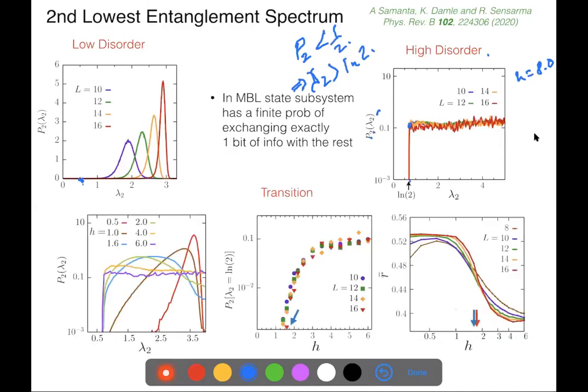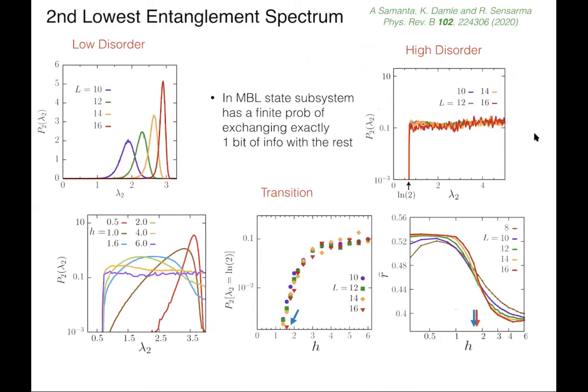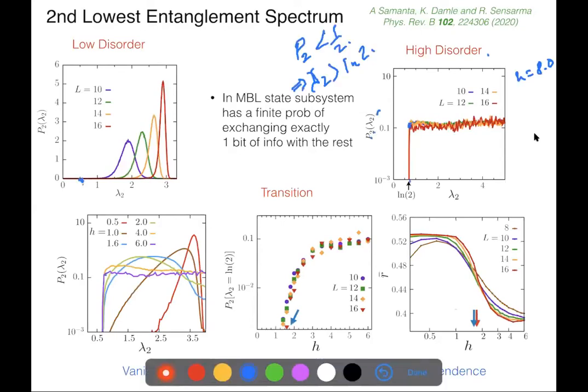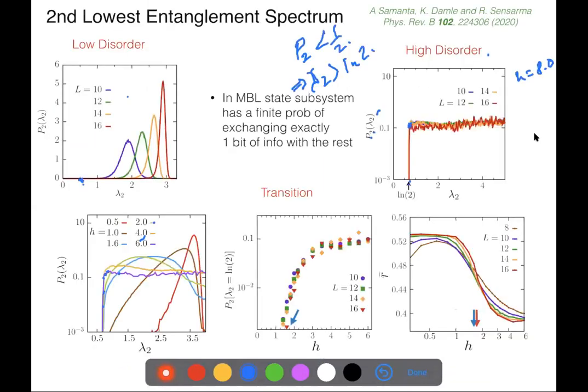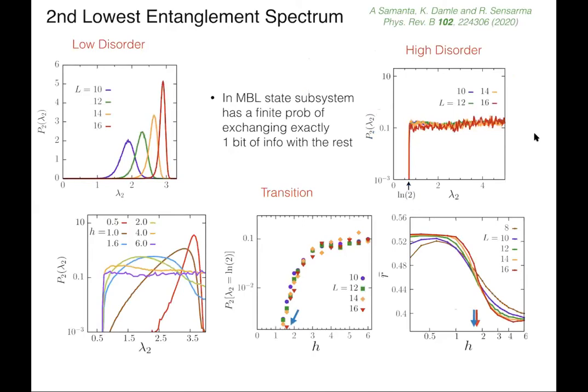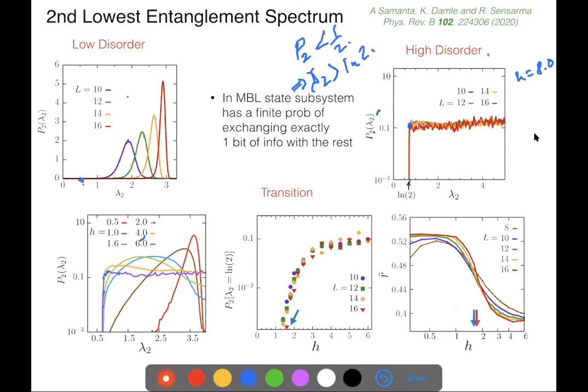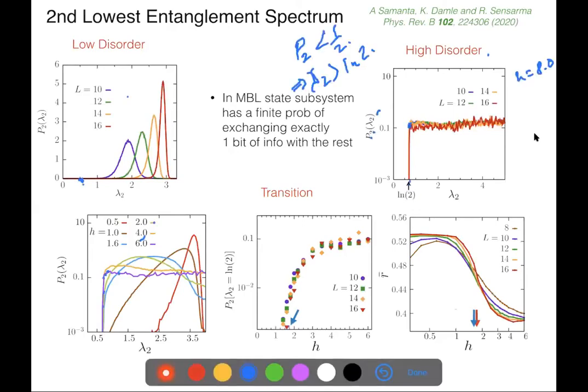We then asked what happens as you go through the transition: at 6, then 4, then at 2 it goes down, and then it goes to 0. So you can ask, can I take the point where P of lambda 2 equal to log 2 goes to 0?